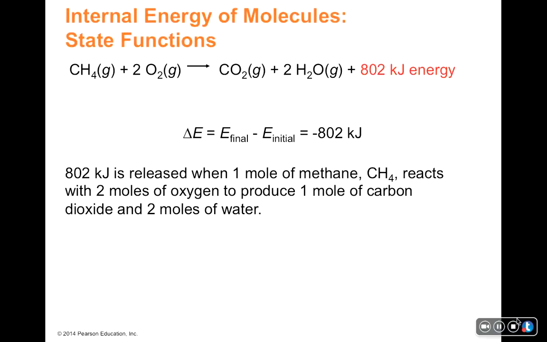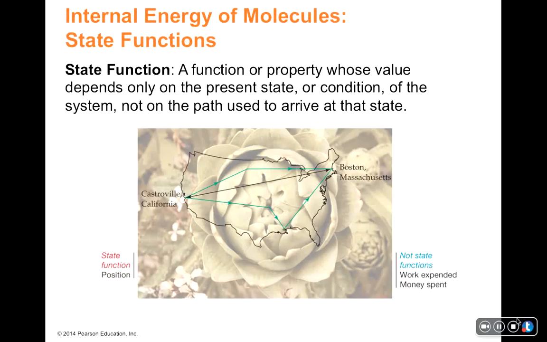If, for example, I said I had 2 moles of methane and 4 moles of oxygen reacting, and asked you to calculate the amount of energy that was released, you would need to double that 802. Because that 802 is specific to the molar ratios that you see written in the formula. And this will come back as you are asked different problems related to reactions.